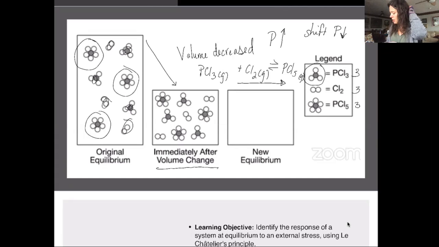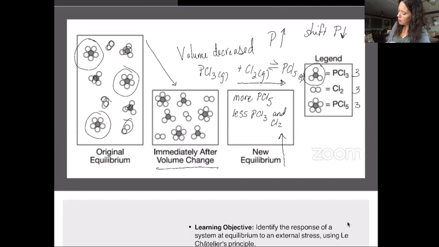So what I should see over here in terms of drawing is more PCl5s, right? And less PCl3s and Cl2s. So maybe I will make this 5 and make this 1 and make this 1. So we're actually supposed to draw those particles in there, right?